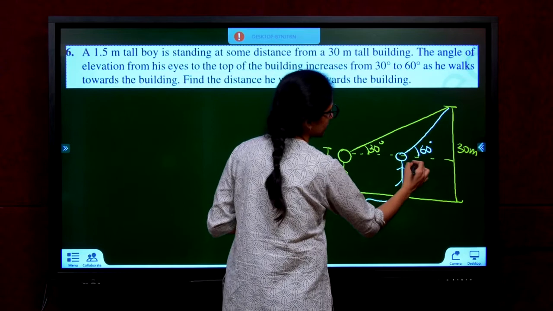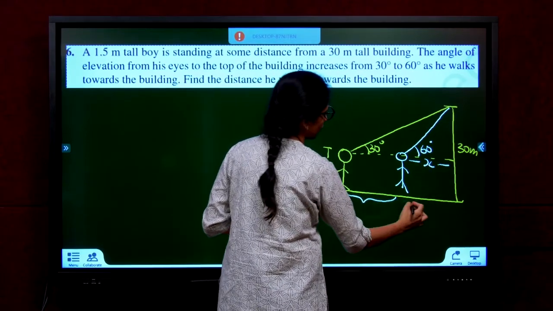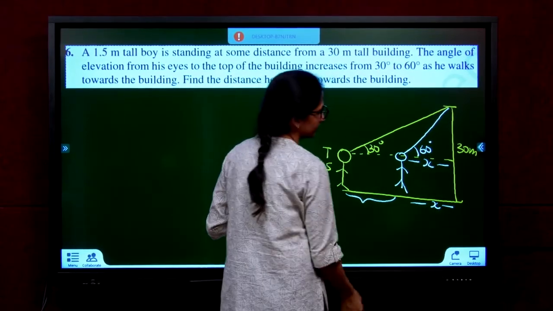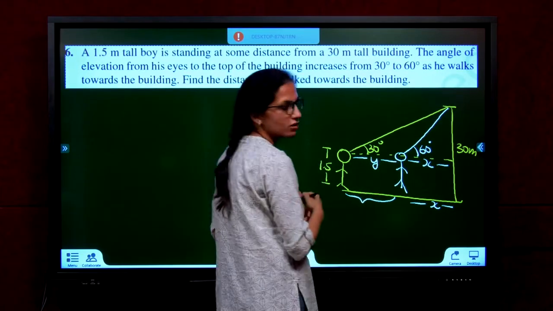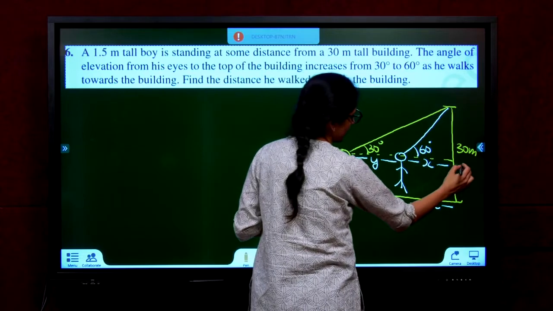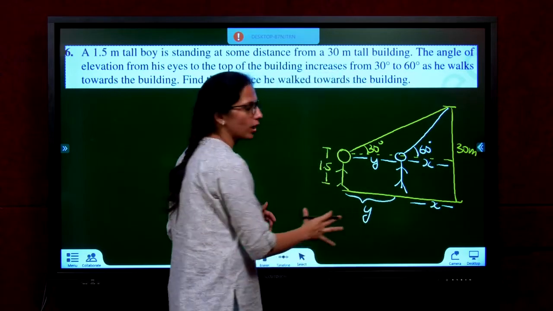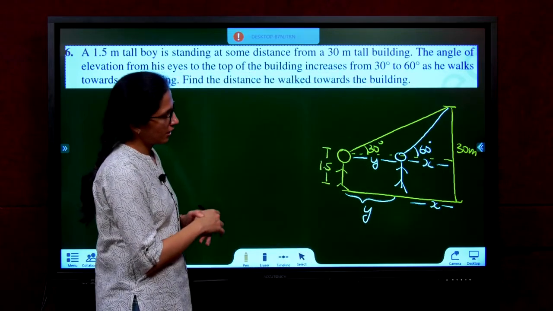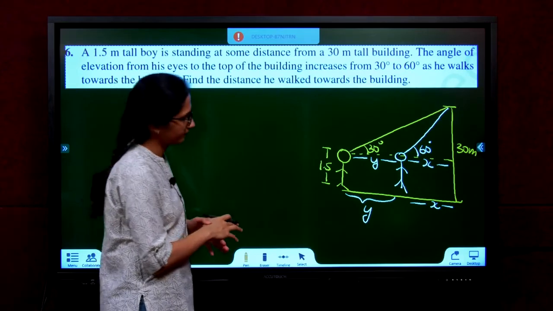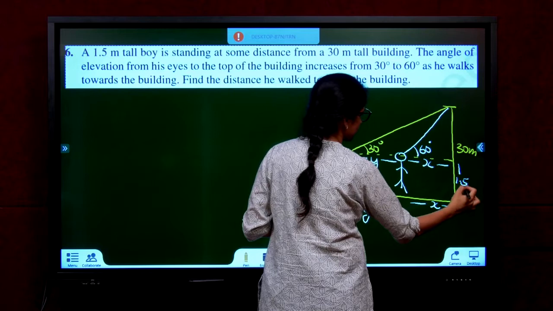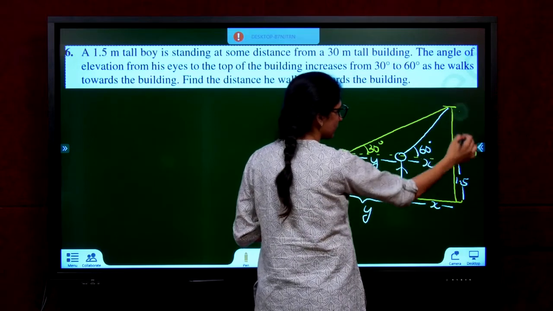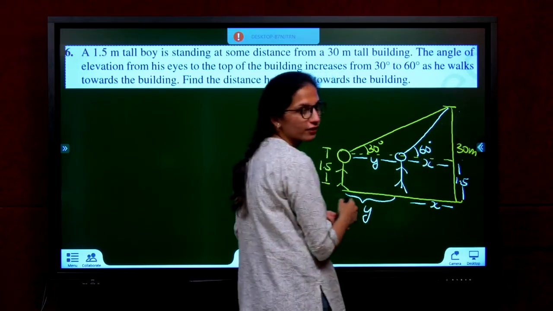Let's say this is x. So this will also be x. Correct? Let's say this is y. This will also be y. I want y. What do I want? I want y. This is 1.5. In this triangle, what will this be? 30 minus 1.5, correct?